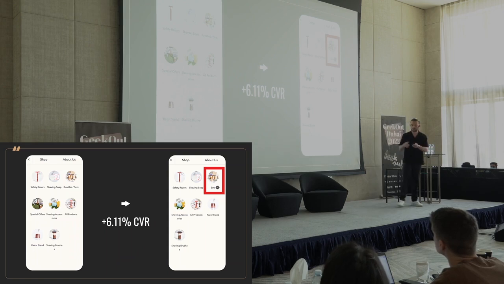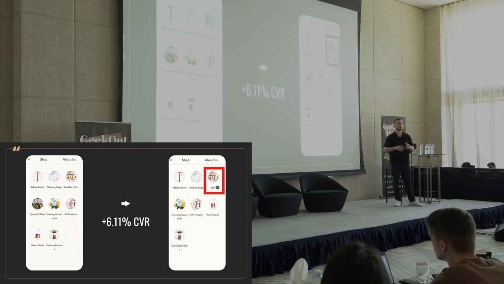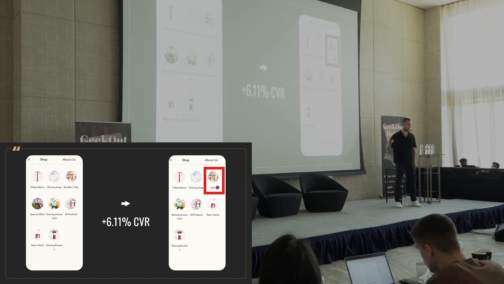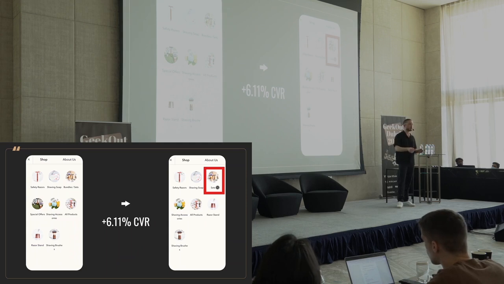And this whole test is based on cognitive ease and really reducing friction in the customer journey. So what we did here is we took bundles and sets and special offers and just put them into one collection. And with this change, when users now open the menu, they don't think too much about where they click and the customer journey is more seamless.